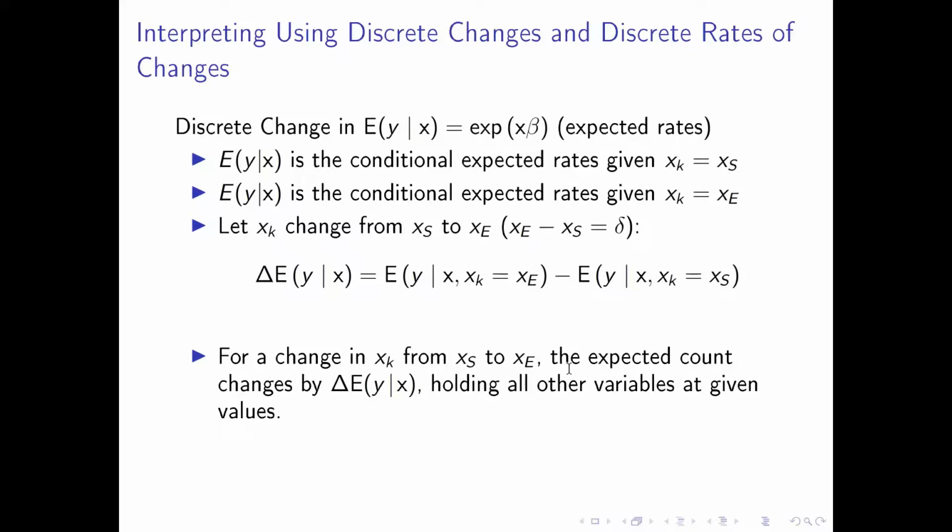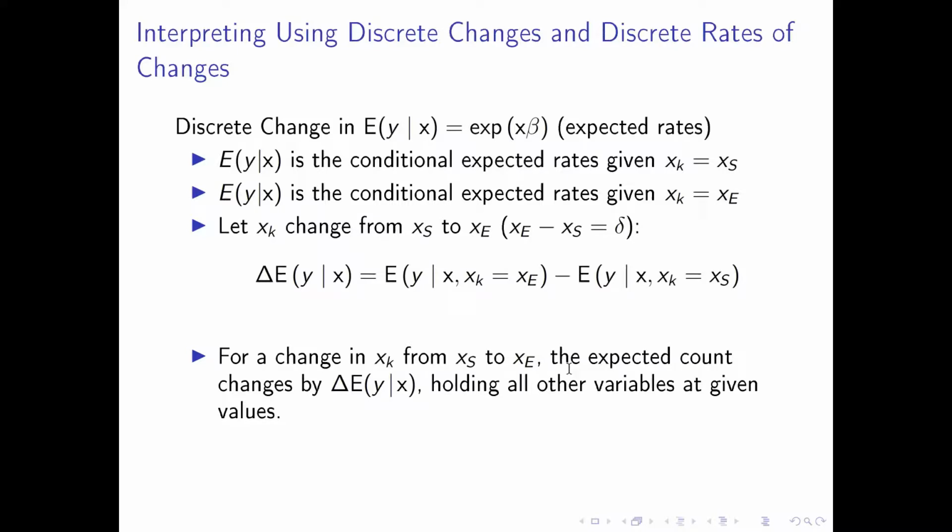So here's a major difference between the interpretation of discrete change and factor change. In factor change interpretation, we can say, well, holding all other variables constant, and we're supposed to say that, right? Since the final result does not involve any other covariates, and it doesn't matter where we hold all other covariates, okay?